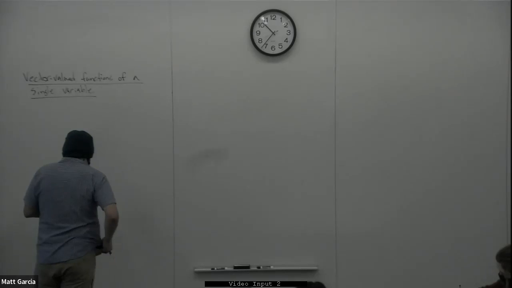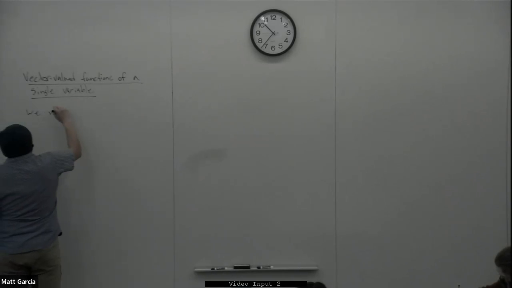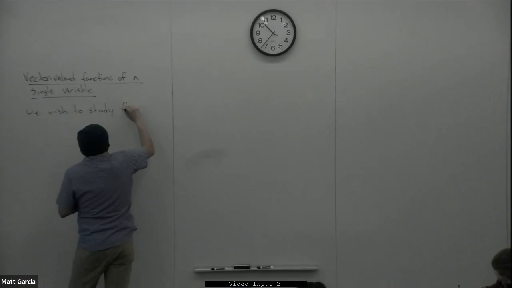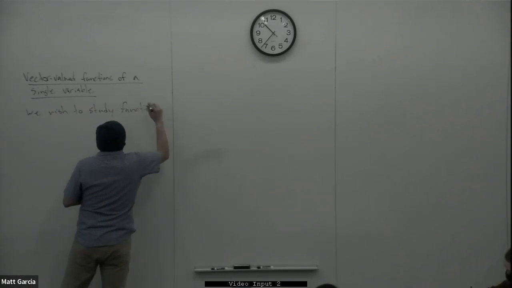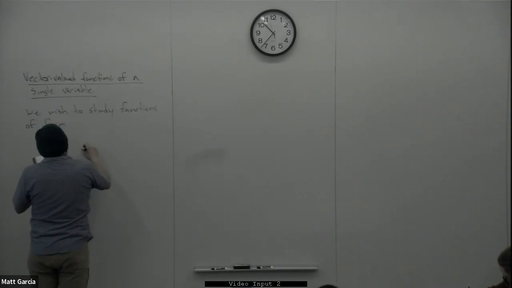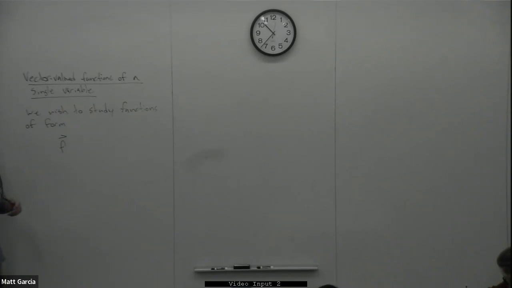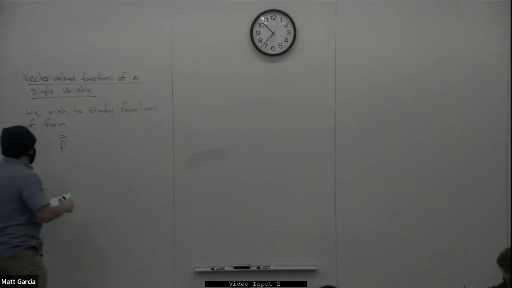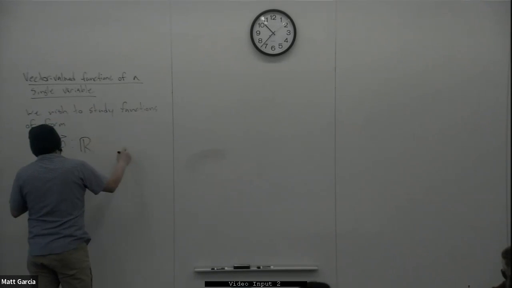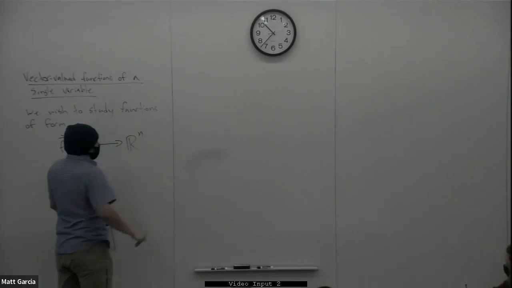Okay, so we wish to study functions of the form f hat. We'll put a hat on the function to indicate that its output is a vector, which go from R to Rn.